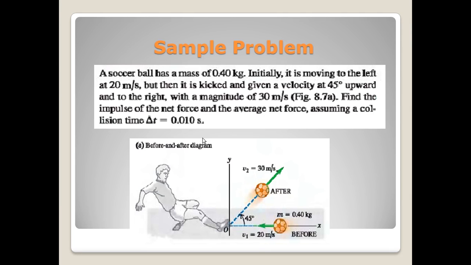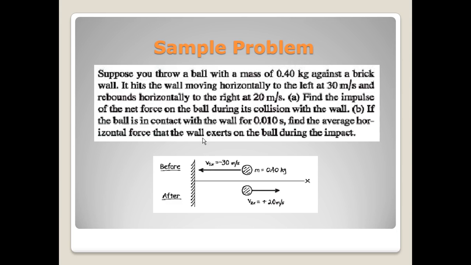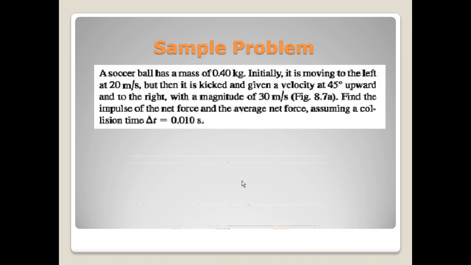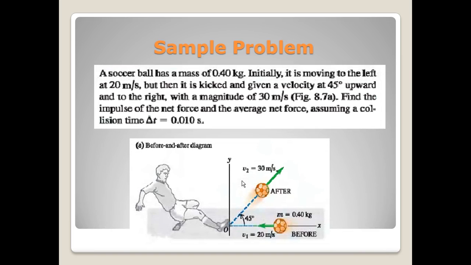Okay, so the solution here is almost the same as the solution that we have presented in sample number 1. What we need to do is to get the amount of impulse during the collision time. We can find the impulse by getting the change in the momenta before and after collision.